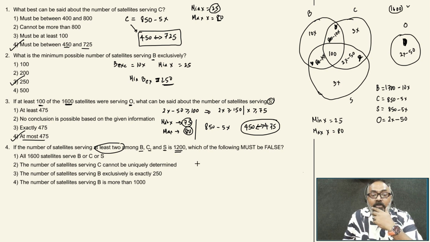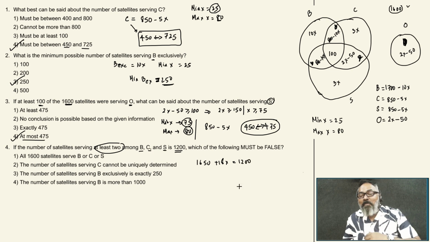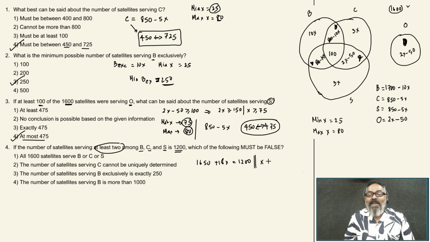So 1650. 1650 minus 10x minus 20x plus 2x would be 18 times x. 18 times x would be equal to 1200. Now you have to do some calculation and find the value of x. If you do the maths, x will become 25. I'm not doing the maths.